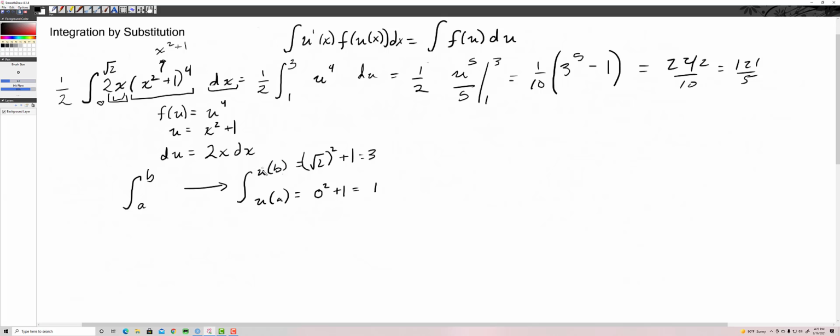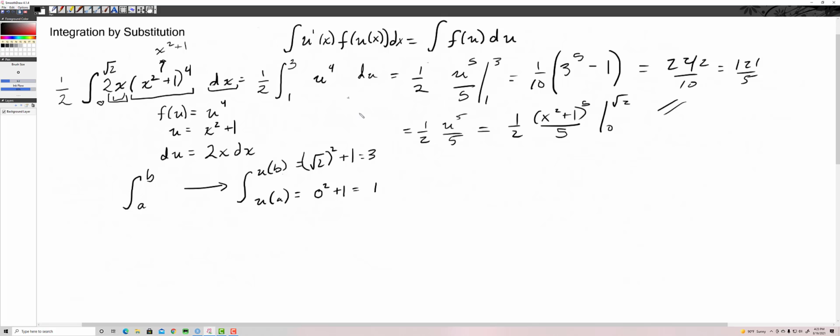The biggest thing to note here is what you're doing with your bounds. I do want to point out, if you've done it the way that we were doing it before, don't get too confused, because if you went ahead and plugged in your u function here, that would be x squared plus 1 to the 5th over 5, and then you took these original bounds, it would give you the same thing, okay?